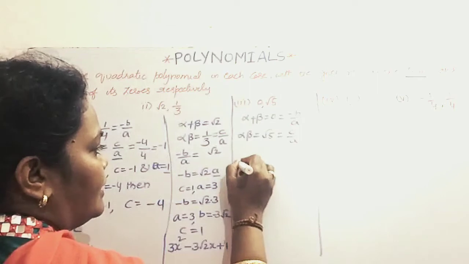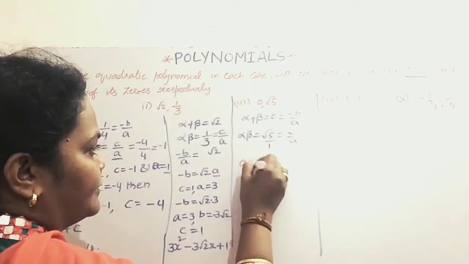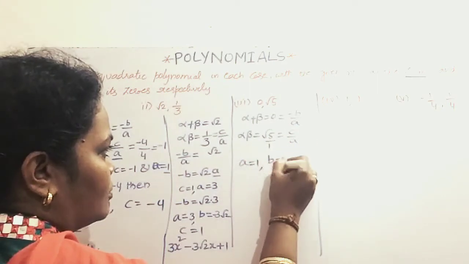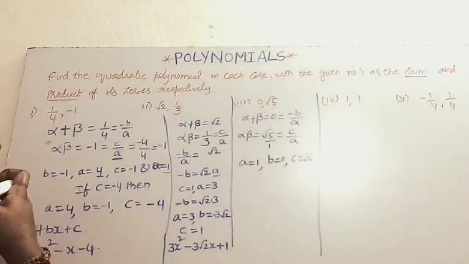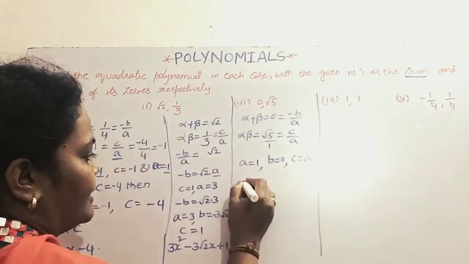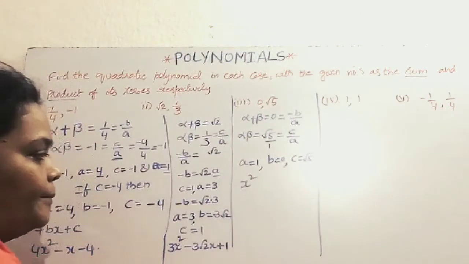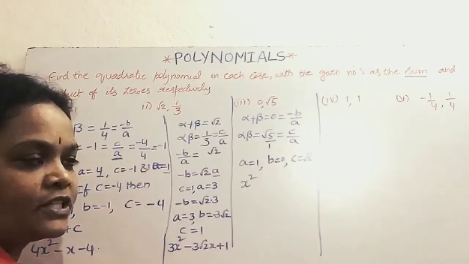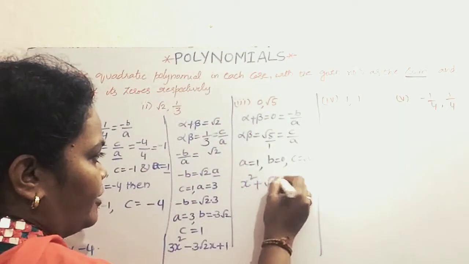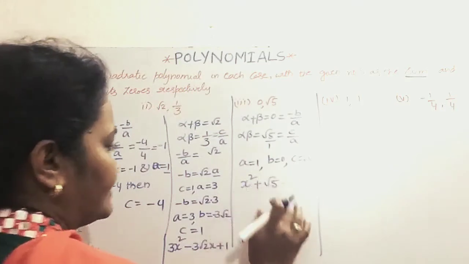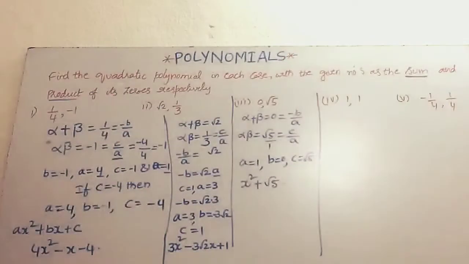So here a is equal to 1, b is equal to 0, c is equal to root 5. So what is the equation? Ax square, that means x square. B is 0, that means coefficient of x is 0. So plus root 5. So x square plus root 5.